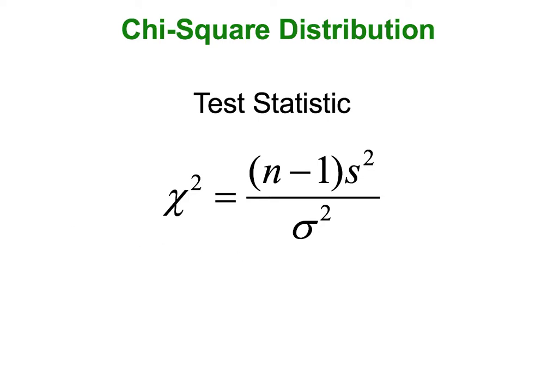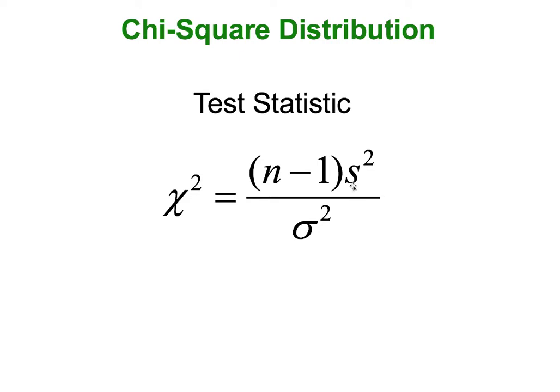we place the sample size here and subtract 1, and place the sample variance here and the population variance here. Now in the question, you may be given the sample standard deviation.